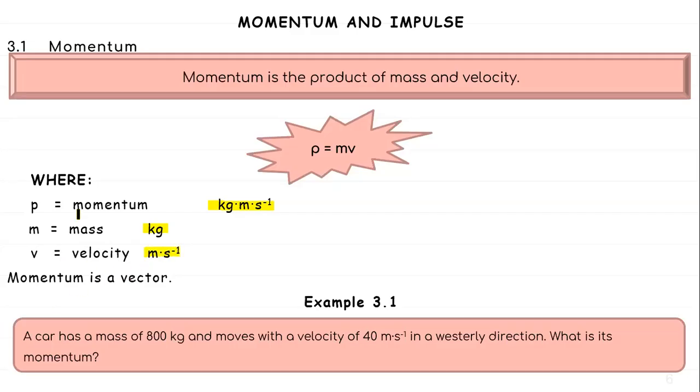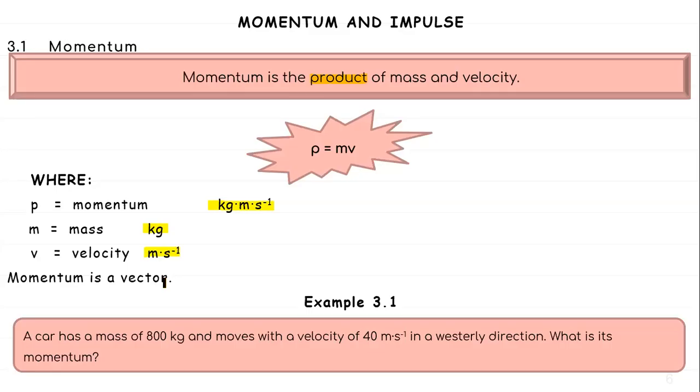Right, so hence we say momentum is the product of the mass of an object and its velocity. Why are we saying it is the product? It is the product because we are taking the mass and we are multiplying by the velocity. Then we know that momentum is a vector quantity.